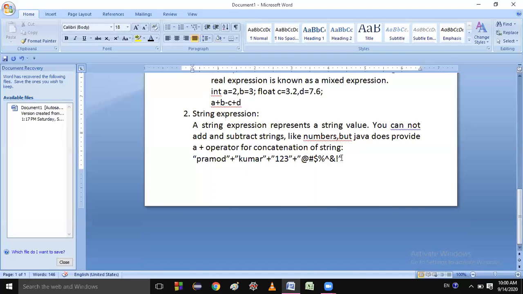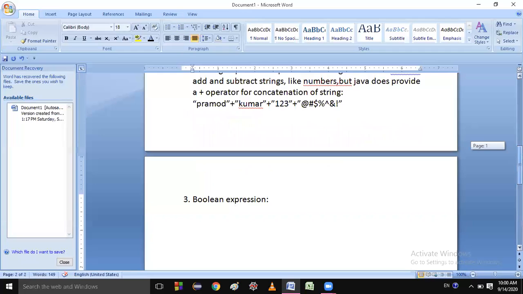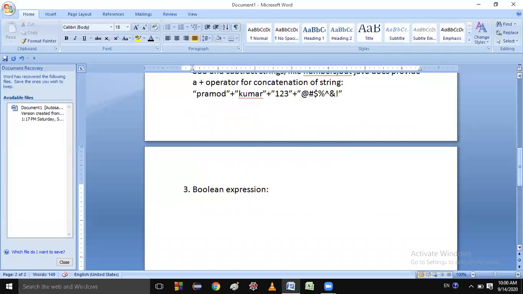The third one is the Boolean expression. What are Boolean expressions? You know that a Boolean has only two values, true or false, yes or no. I already explained this when I was explaining constants, integer constant and real constant.